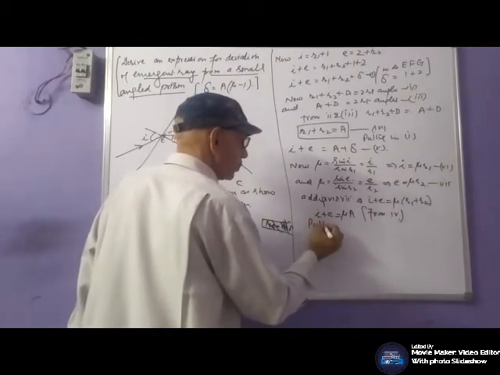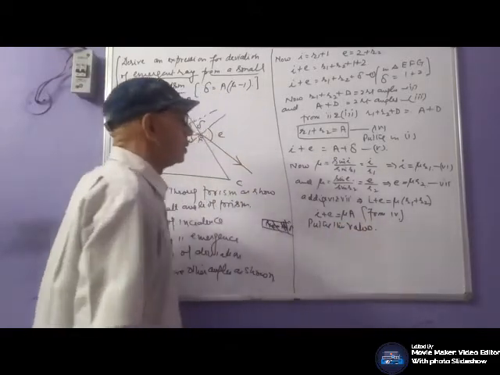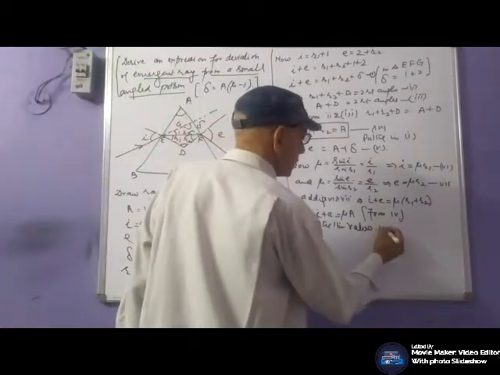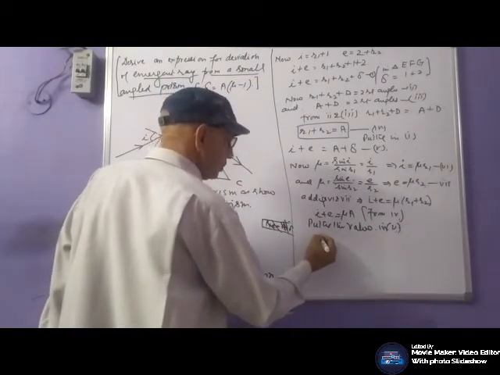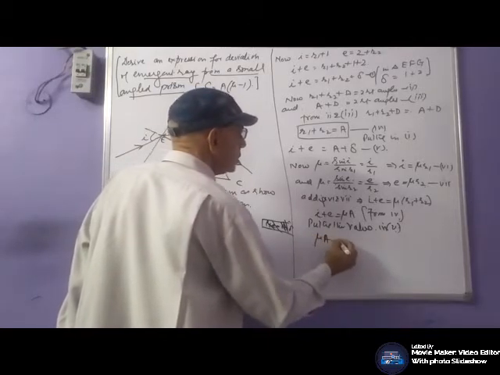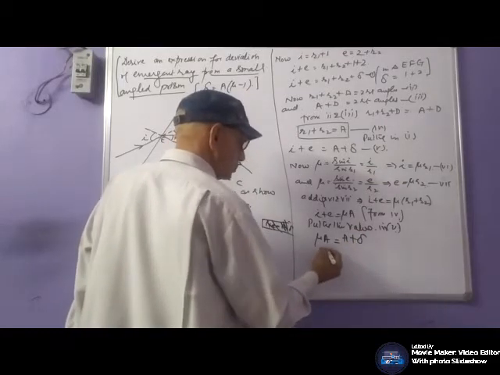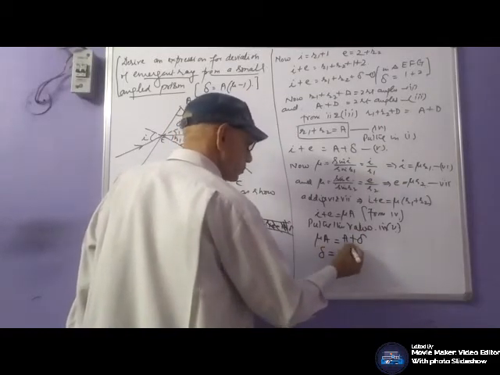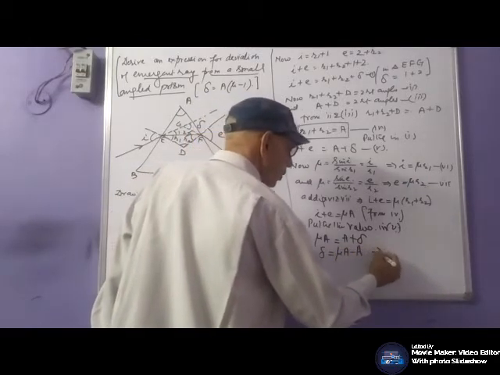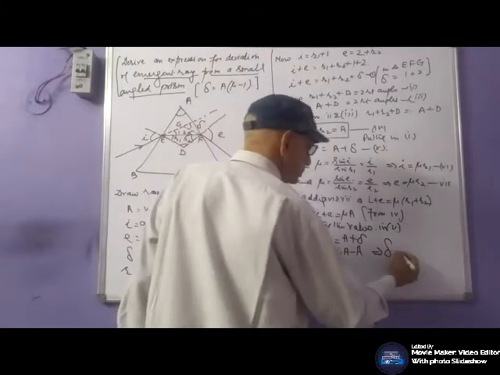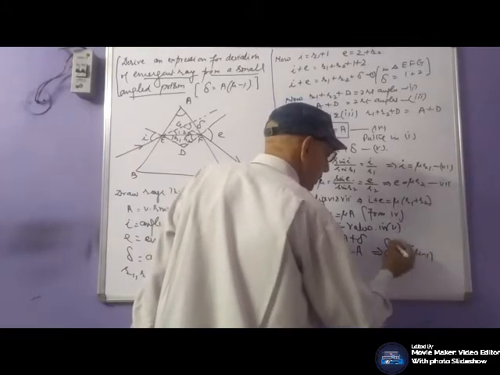Putting this value in fifth, I plus E is mu A, plus delta, and delta is mu A minus A, and delta is A common, mu minus 1.